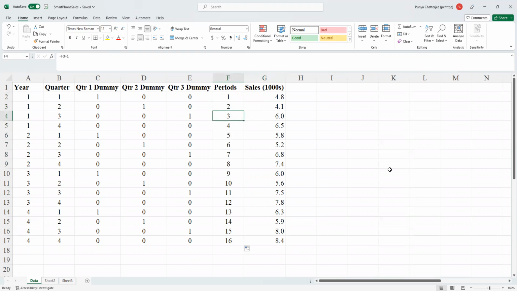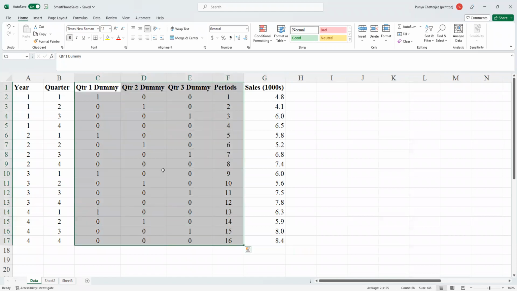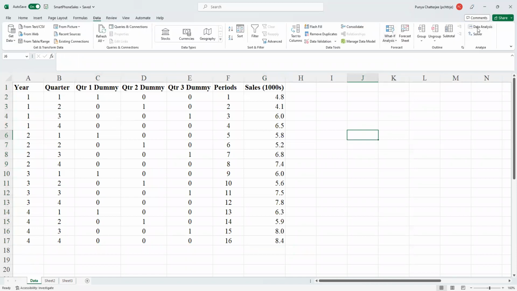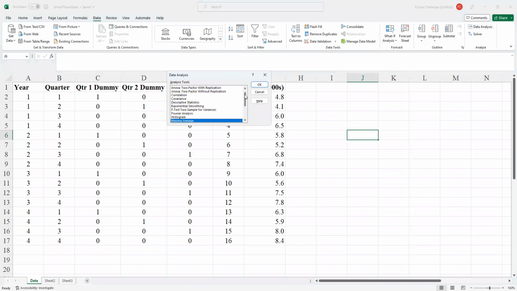Because my data has both seasonality and trend, in the regression I'm going to take sales as y, the dependent variable, and take all 3 quarter dummies as well as the periods as independent variables. So let's go to data analysis and choose regression.